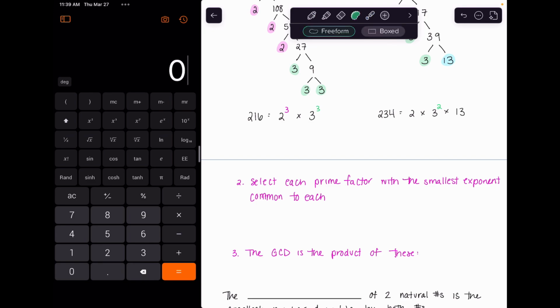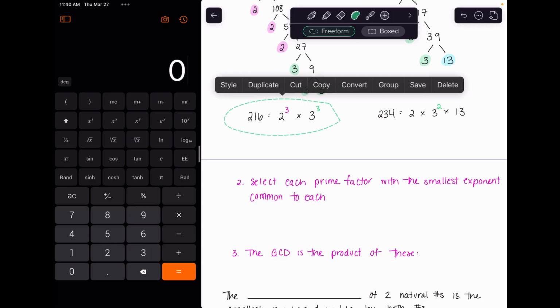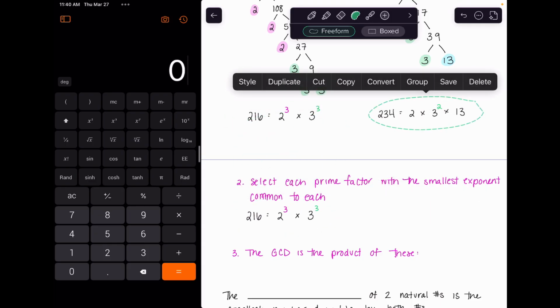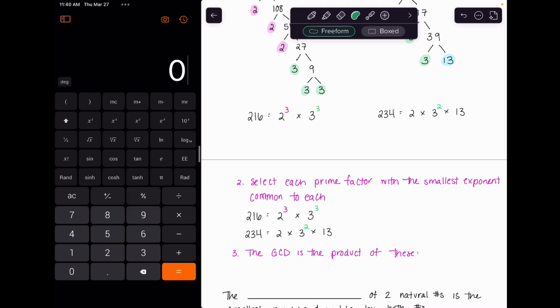So what I'm going to do is copy and paste these here, just for convenience. And then I want to pick the smallest number of 2s, the smallest number of 3s, and the smallest number of 13s.